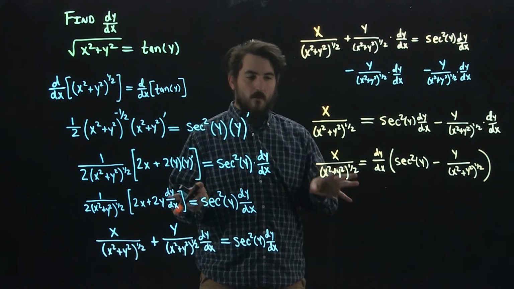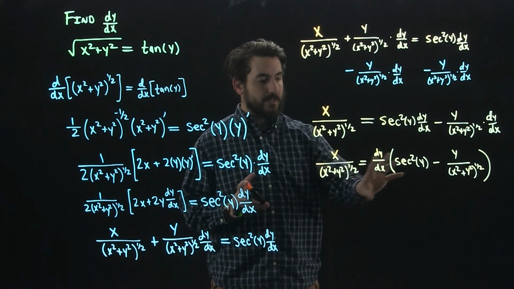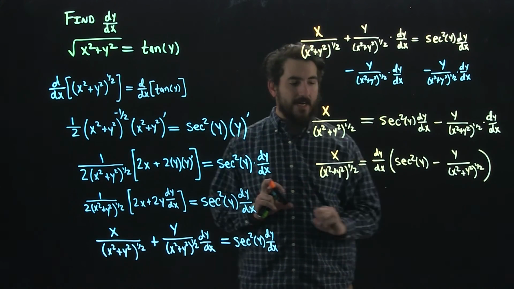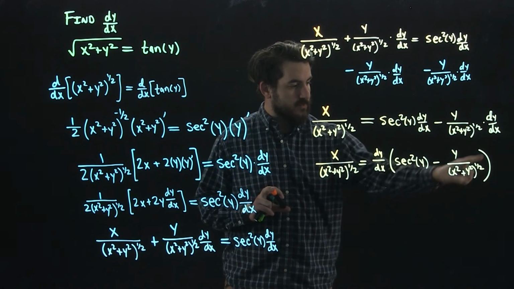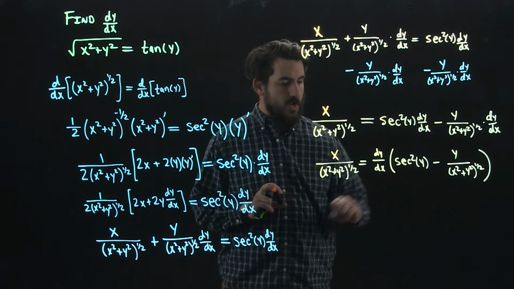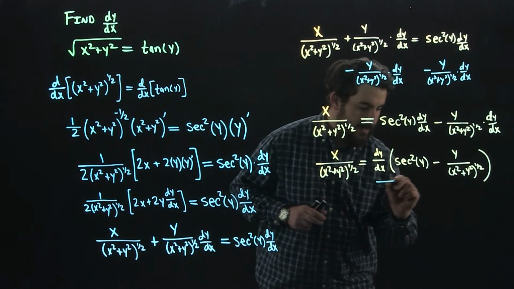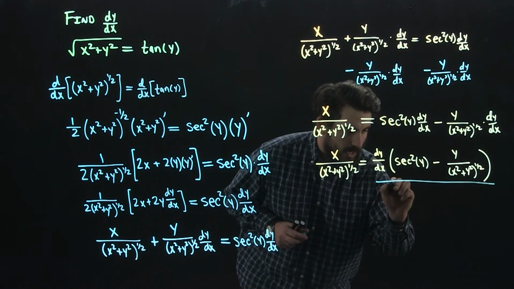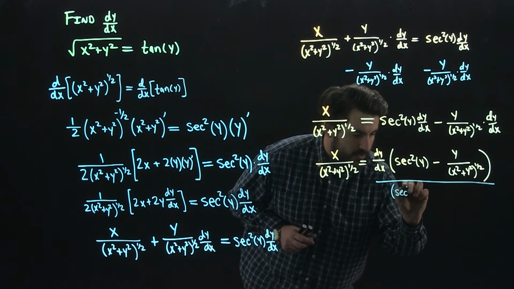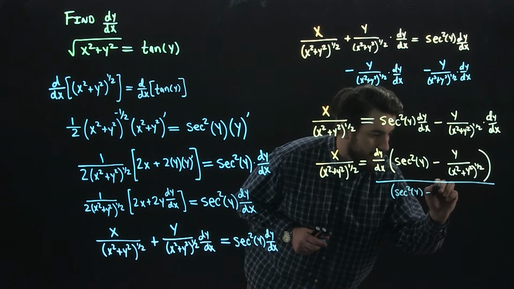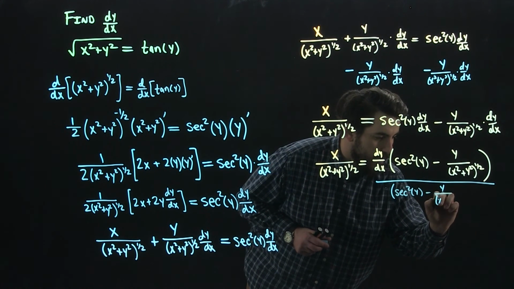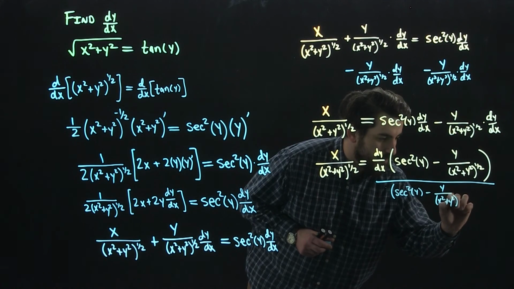Okay, so now I have everything I need. I'm going to divide both sides by this right-hand factor, and I'm going to get my dy/dx. So let me show you what I'm going to do. I'm going to divide this side by secant squared y minus y over (x squared plus y squared) to the 1/2.